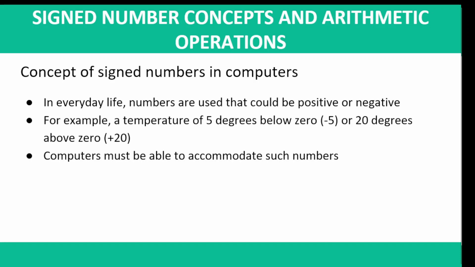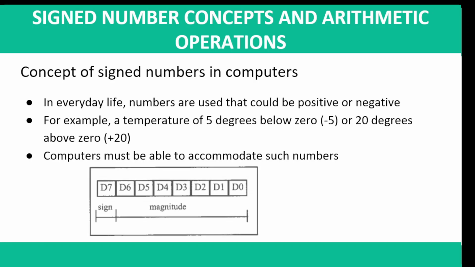In order for us to accommodate that in an 8-bit microcontroller like AVR, we could have D0 to D6 defining the magnitude of the number, and D7, the 8th bit, is the sign.